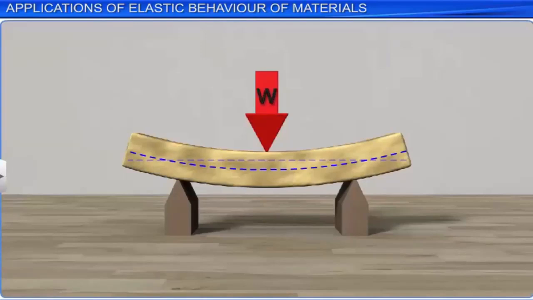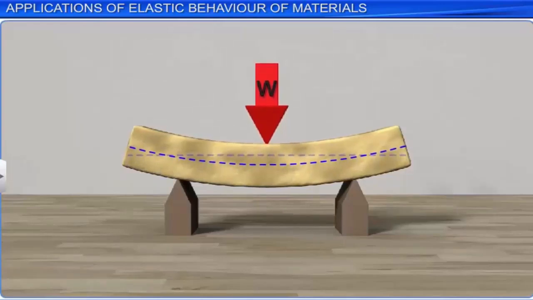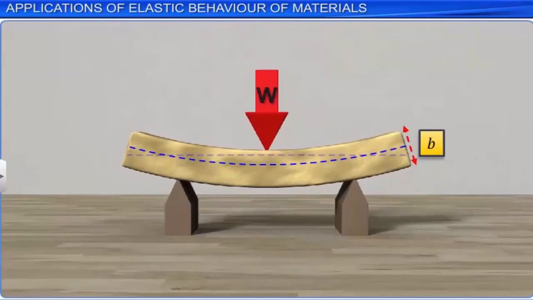The greater the width B of the beam, the greater the maximum load the beam can support. The deflection δ at the midpoint can be determined experimentally as well as theoretically calculated.